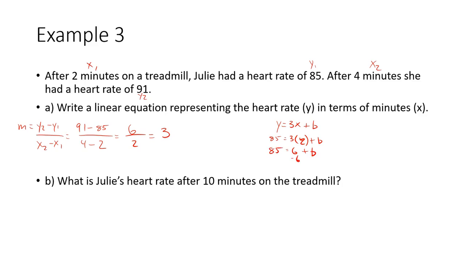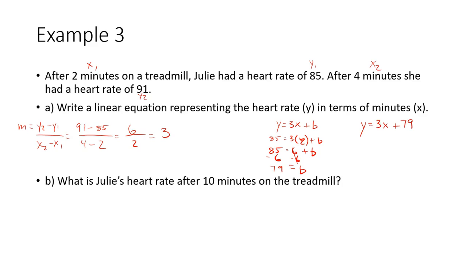Subtract 6 from both sides. And our y-intercept is 79. To write our equation, y equals mx plus b, we're just going to write y equals 3x plus 79.